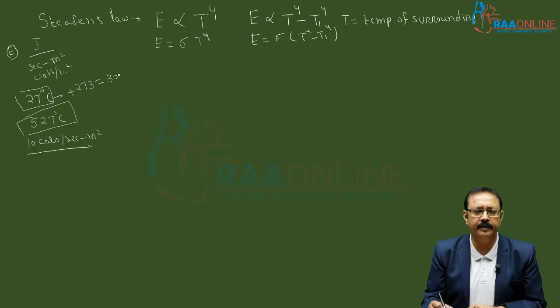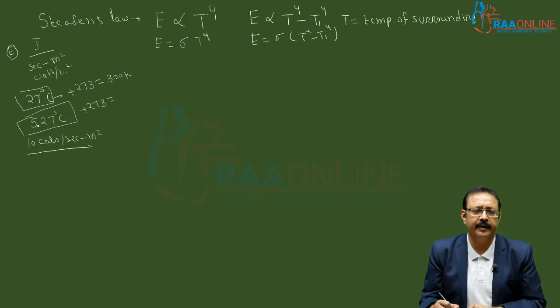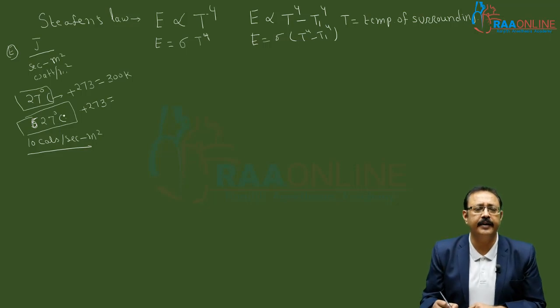Note down, for Kelvin we do not write degree. Add 273 in this as well, and for 527 we get 800 Kelvin.